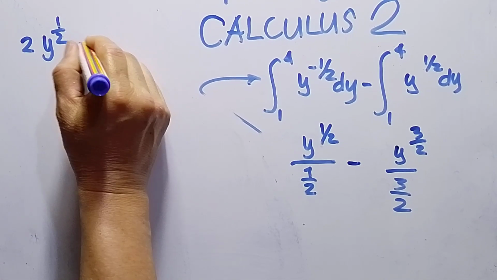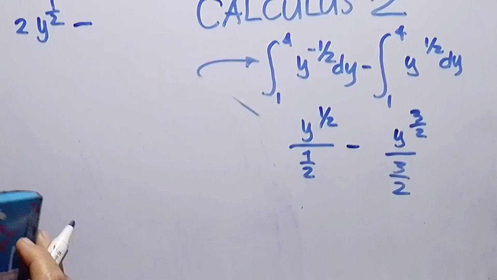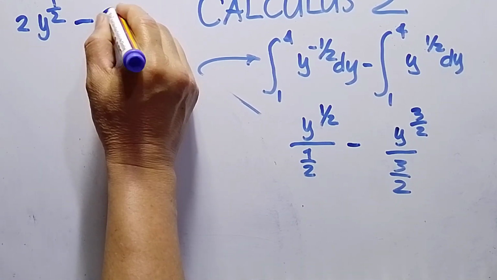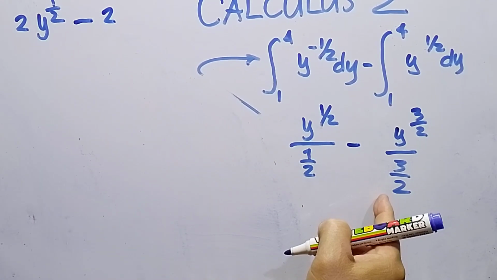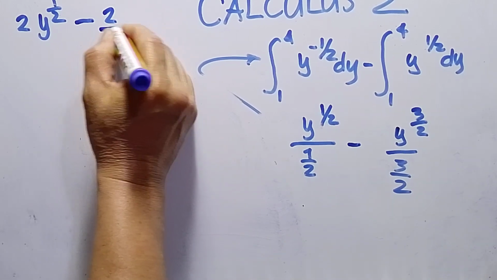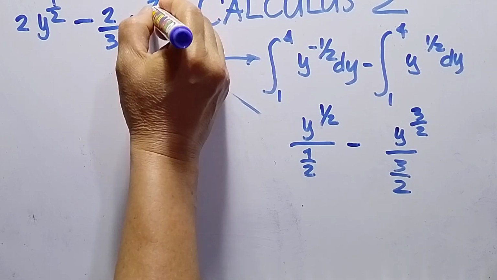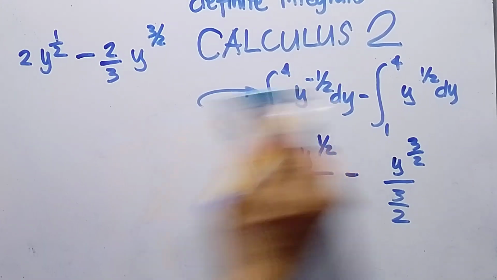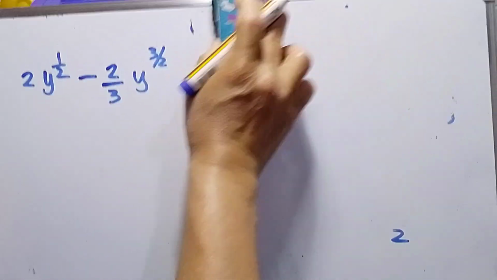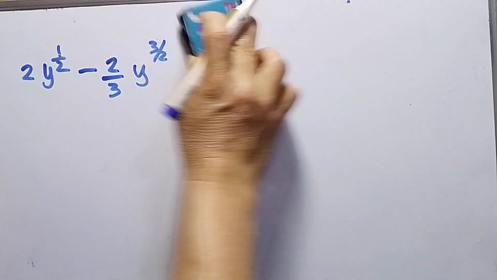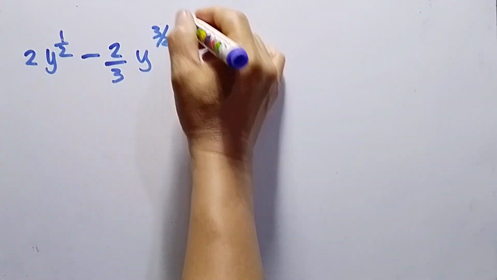How about the second one? This will be 2 over 3, the reciprocal of 3 over 2, then y raised to 3/2. And then the interval is from 1 to 4.